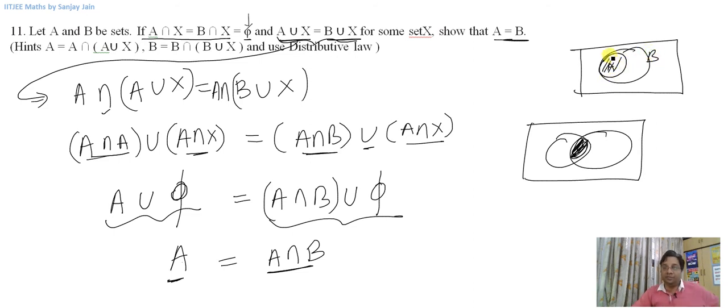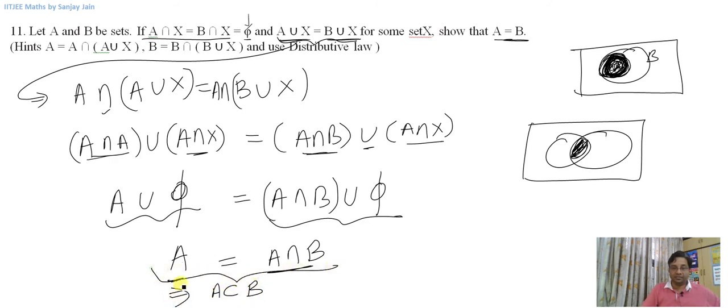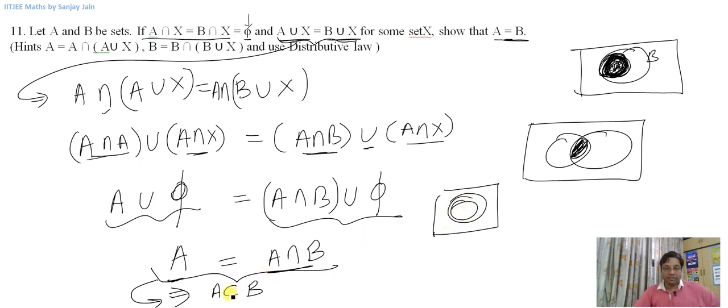So what does that mean? This A has to be subset of B. If A is equal to A intersection B, right? This is common area between A and B. So I can say that this A will definitely be subset of B, right? You can visualize this using the pictorial representation. Okay, so A is subset of B.